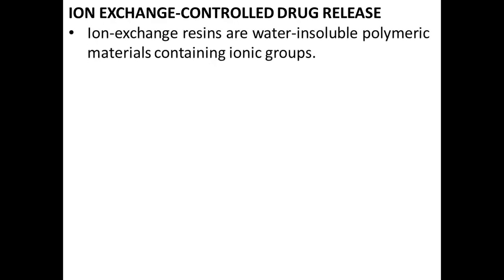These are insoluble polymers that contain charges, like acidic or basic functional groups, and they have the ability to exchange counter ions within an aqueous solution when they are surrounded by the aqueous solution. So basically, ion exchange resins are water insoluble polymeric materials which contain ionic groups. How these ion exchange resins are helpful for controlled drug delivery, that we are going to discuss.